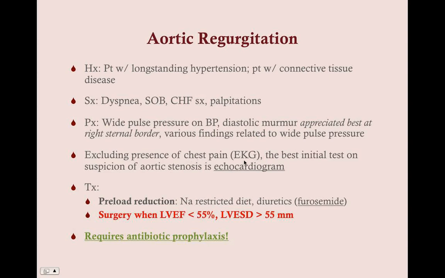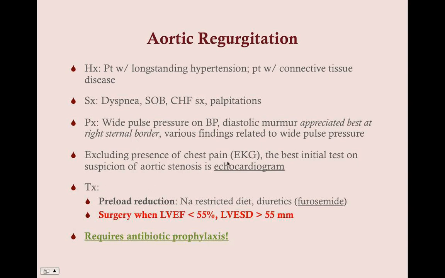So get an EKG. The best initial test on suspicion of aortic regurgitation, though, once you've excluded chest pain, MI, is echocardiogram. That's good to establish diagnosis of, like I've said many times now, any valvular disease.